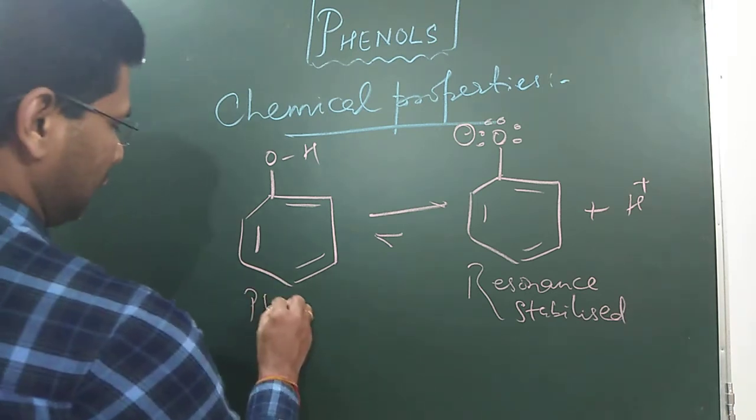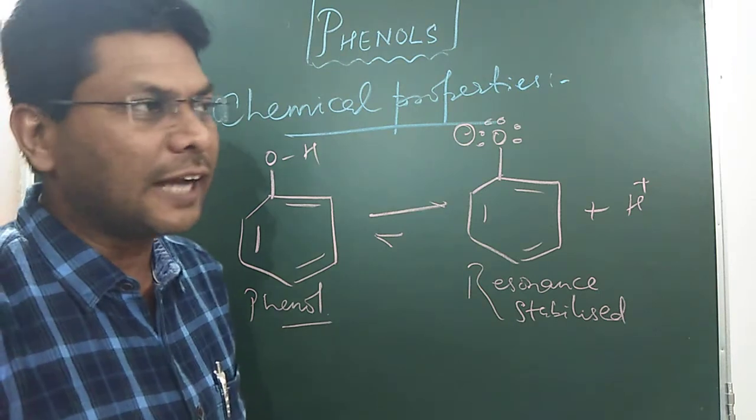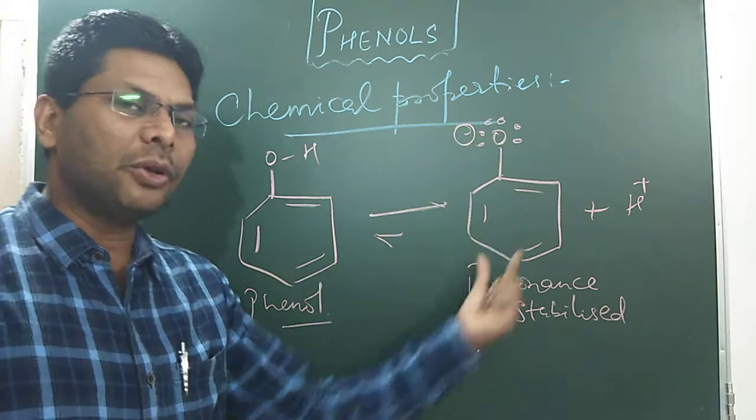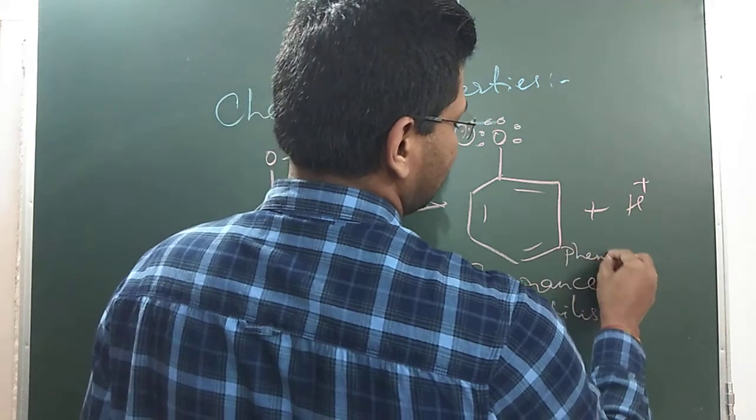So phenol is a stronger acid as compared to alcohol because the phenoxide ion formed is resonance stabilized. This is the phenoxide ion.